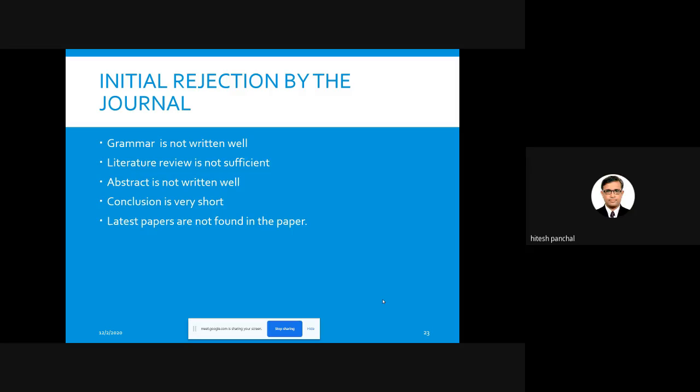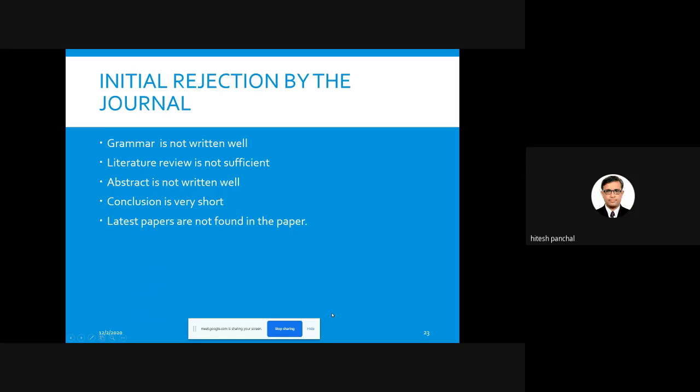Your conclusion is very short. If your conclusion is short, that means your research work has no output. Sometimes you will see some research articles contain only 5 to 6 lines of conclusion. So it is a reason behind the rejection.